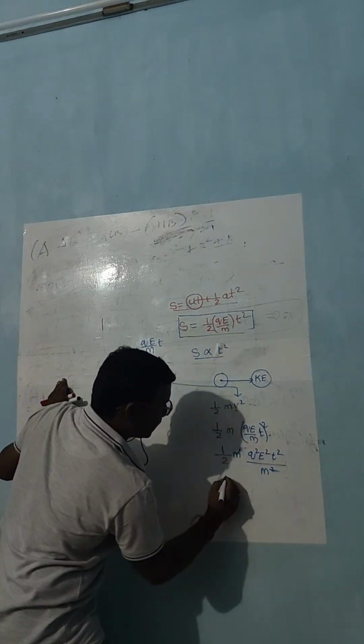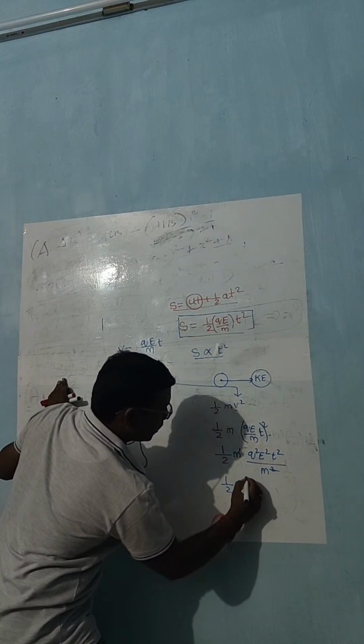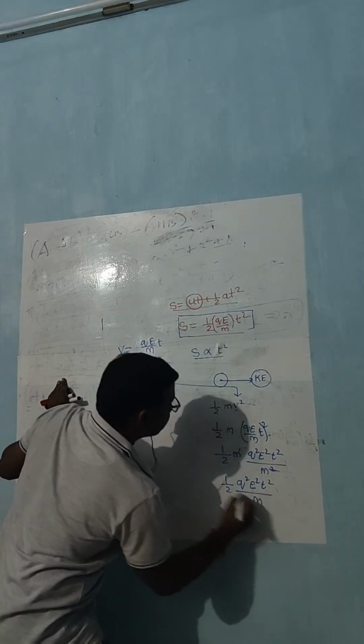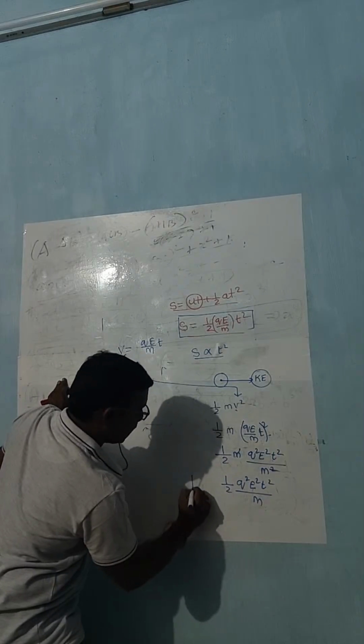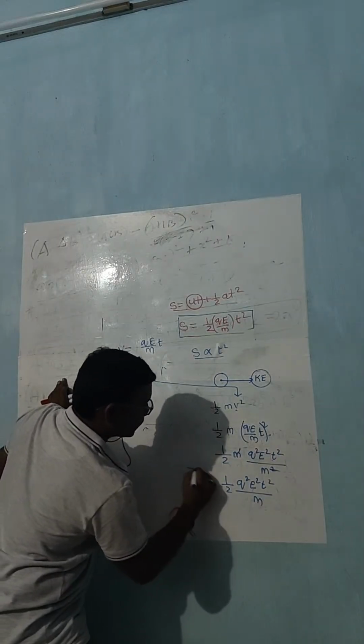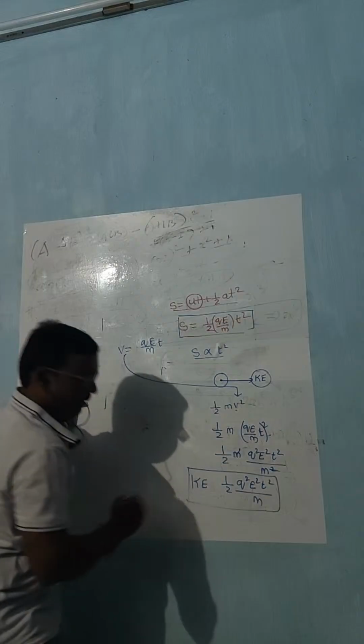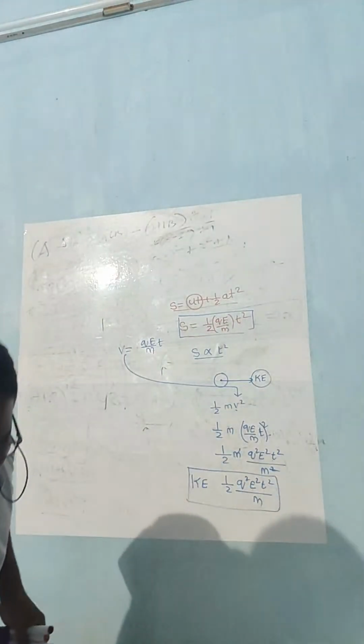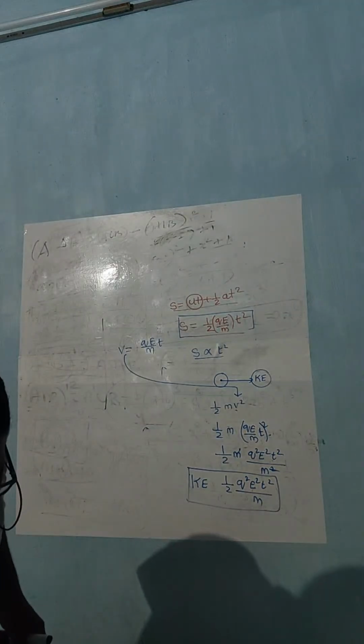The m square and m get cancelled. 1 by 2 q square E square t square by m. So this is the kinetic energy. I hope it gives a clear idea of what I discussed with you. Okay?